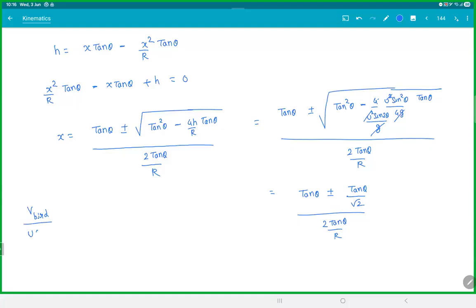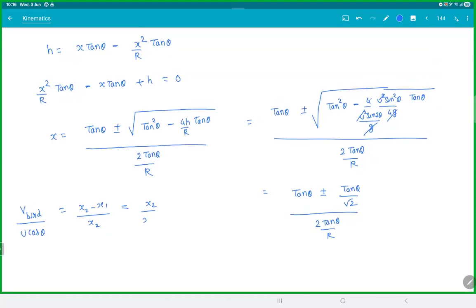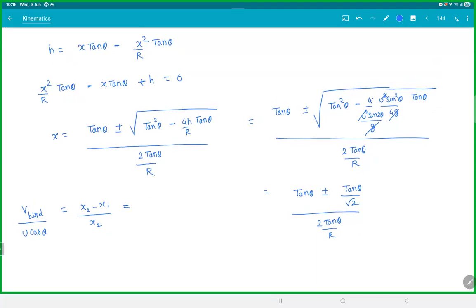So v bird by u cos theta was x2 minus x1 by x2. So this is simply 1 minus x1 by x2. So take this x1 and x2 and substitute here.